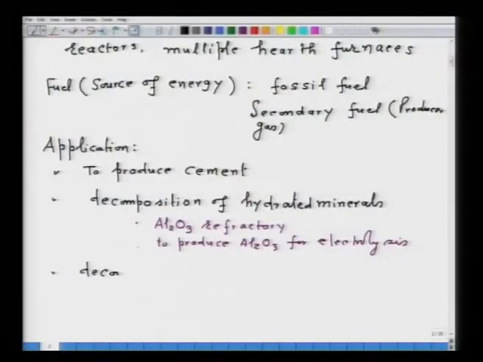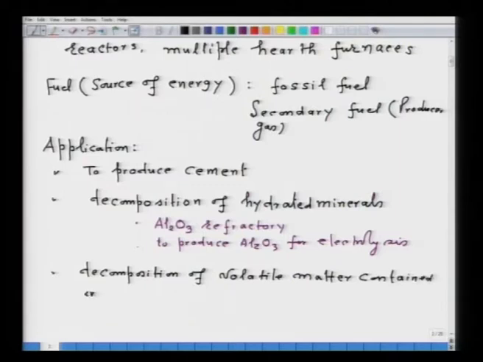Third application could be decomposition of volatile matter, which is contained in petroleum coke. Another application could be heat treatment to affect phase transformation.